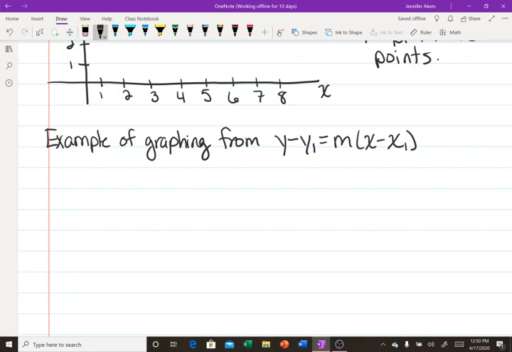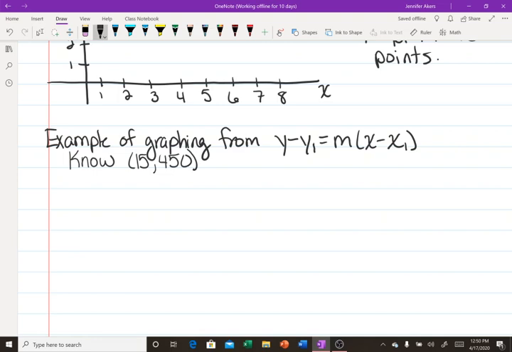Okay, in this example, I want to tell you that we know the point (15, 450).